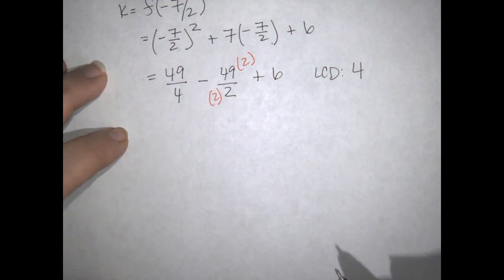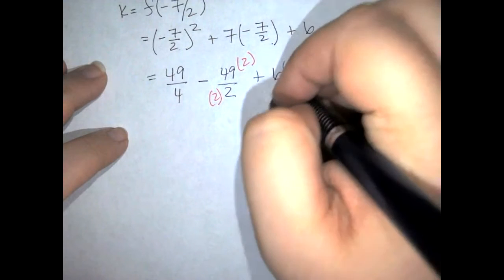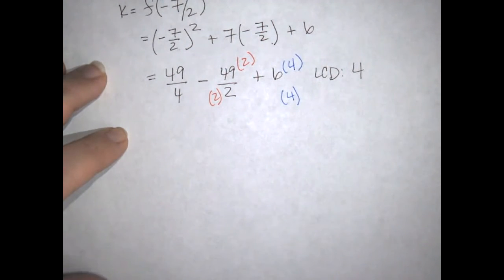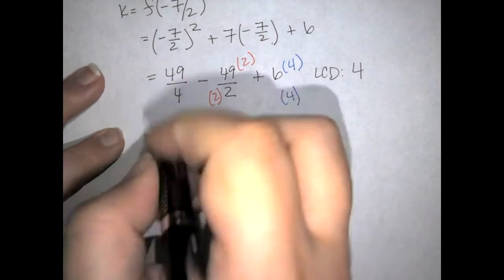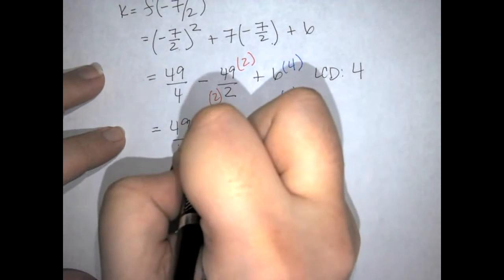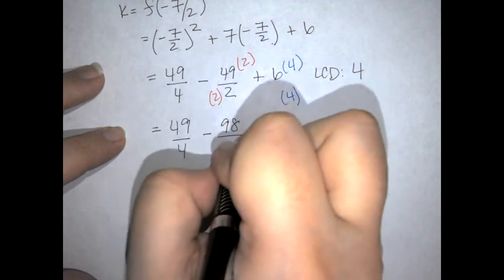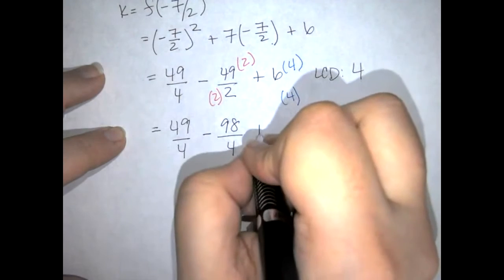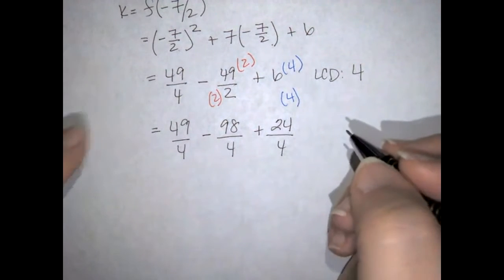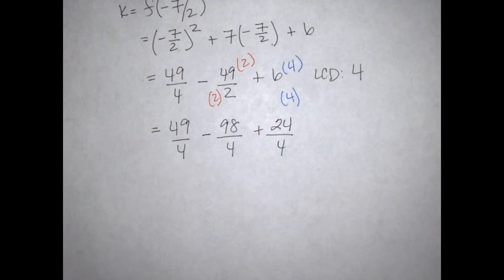But to my last term, I have to multiply the top by 4 and the bottom by 4. So this is going to give me the new problem, 49 over 4 minus 98 over 4 plus 24 over 4. So now you can actually do the math.